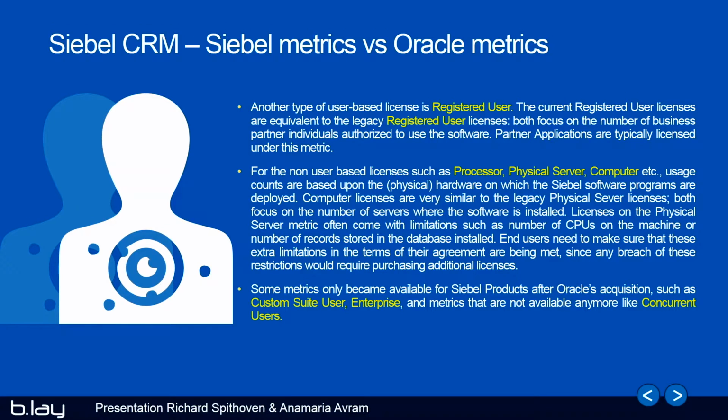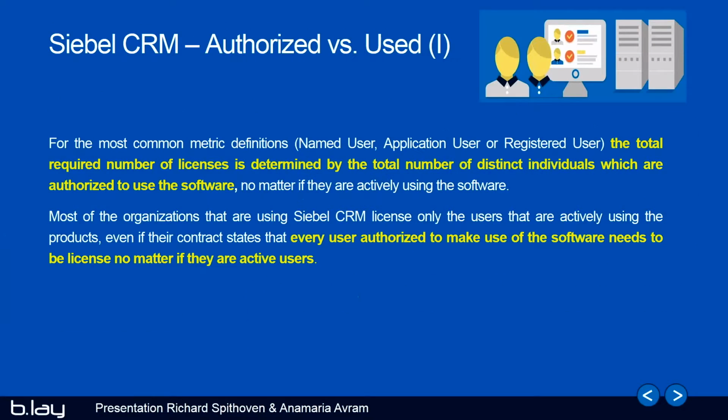Authorized versus used. I think this is one of the most common license compliance issues that we've seen so far with our customers. As I mentioned before, the most common Siebel license types are user-based, such as named user, authorized user, and registered users.